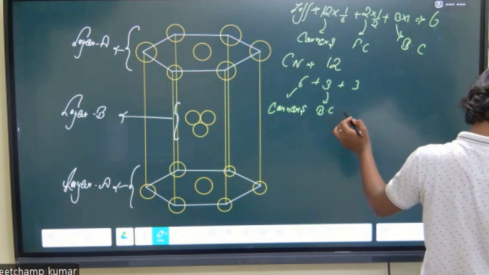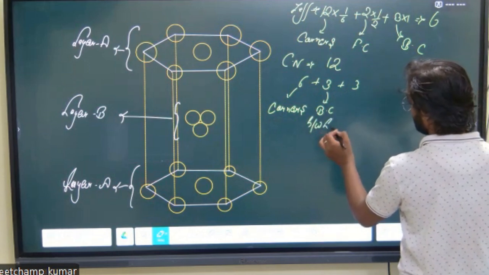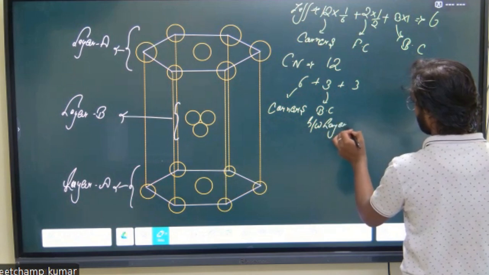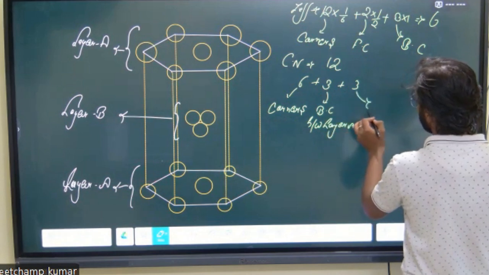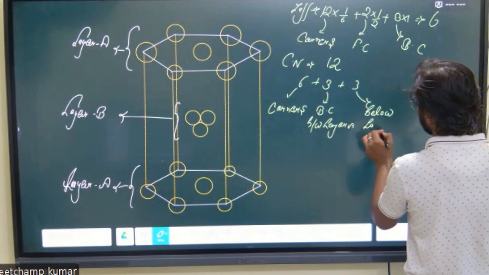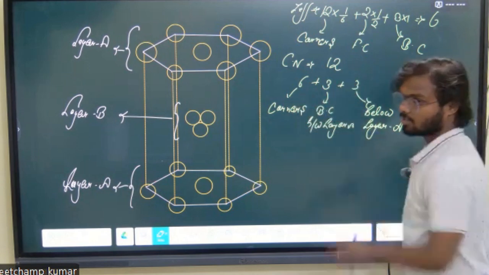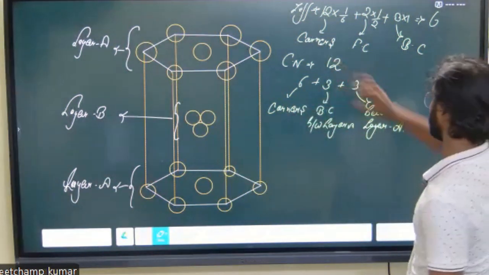Body center, how do you write? Between layer A and below layer A. The contribution is like this. Adding these, you get 12.